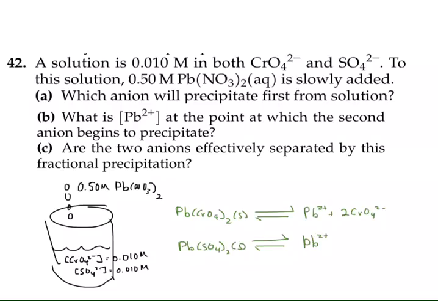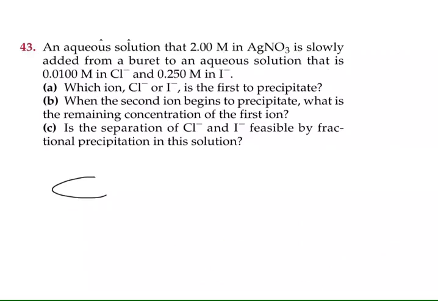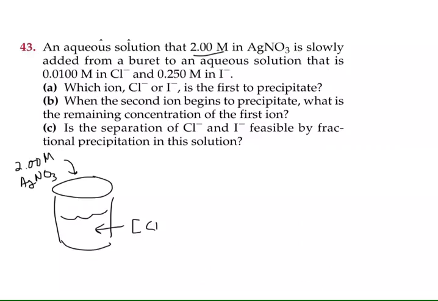And so I would write the equilibrium of the insoluble salts and go from there. It's like the last one. And this last one looks like the silver is going to potentially precipitate with the chloride or the iodide.